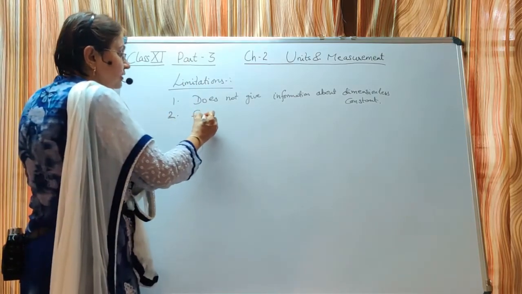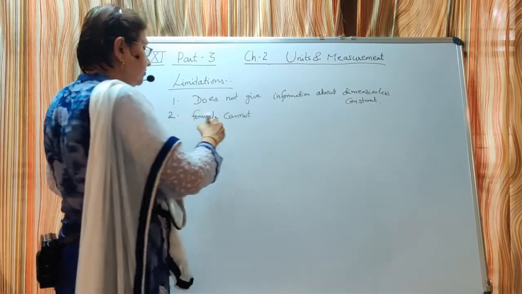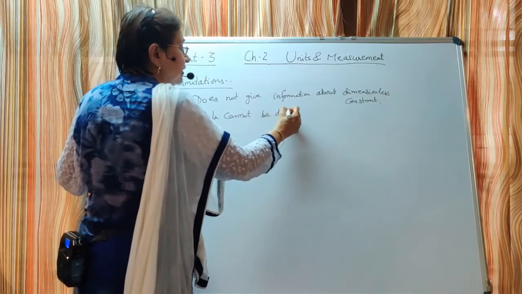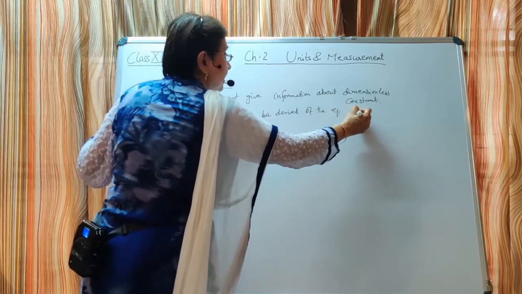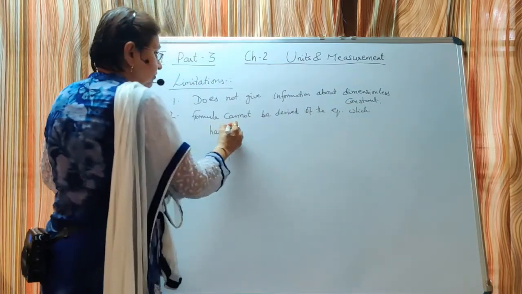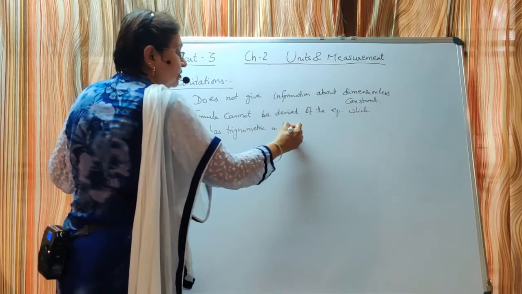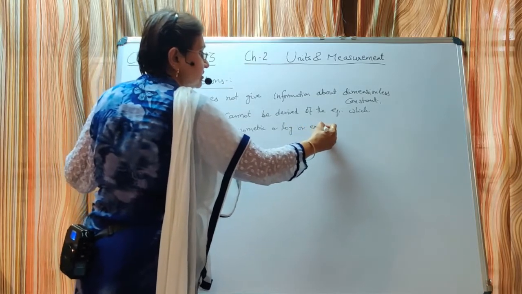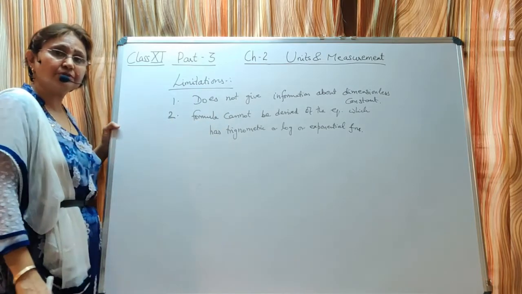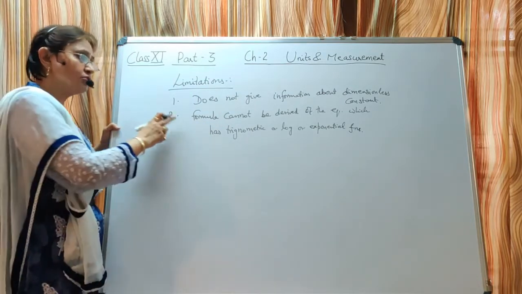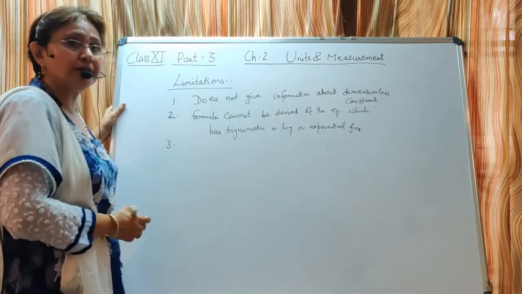Also we cannot check the correctness of such an equation, because all these are dimensionless. Trigonometric functions, log functions, exponential functions, all are dimensionless. So we cannot derive a formula which contains exponential functions or trigonometric functions.